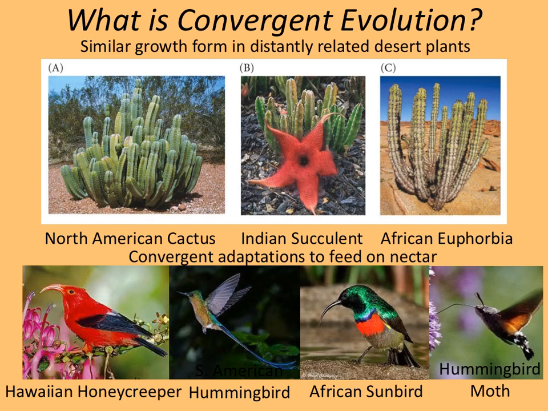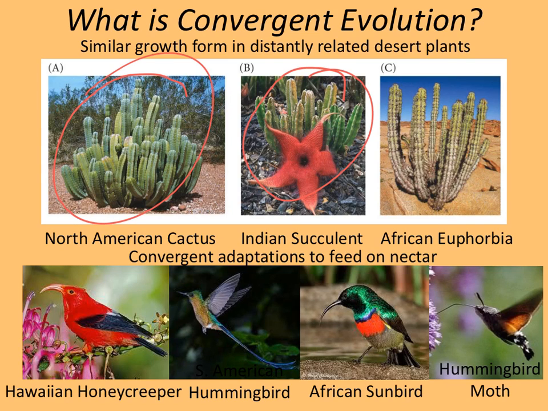These all look like cactus. This is cactus, as a matter of fact. But this succulent here is not, the cactus is only found in North America. Why do they look the same? Where does cactus live? What kind of habitat? Desert.